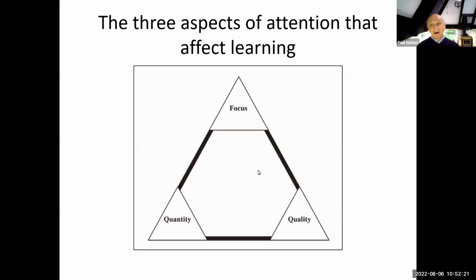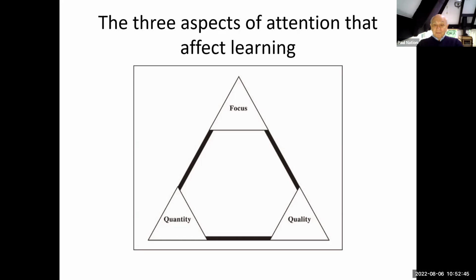Now, we can illustrate these three groups of principles in a diagram. So we've got the focus principles, the quantity principles, and the quality principles. And the thick lines in the diagram joining them together show that these three things are very closely related to each other.